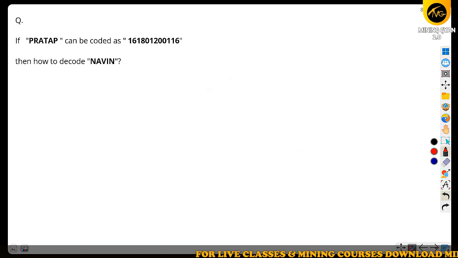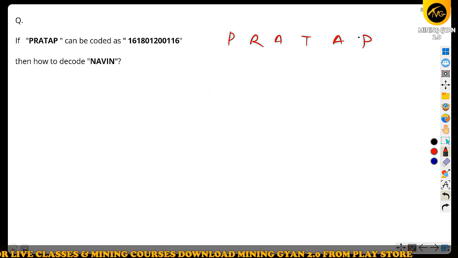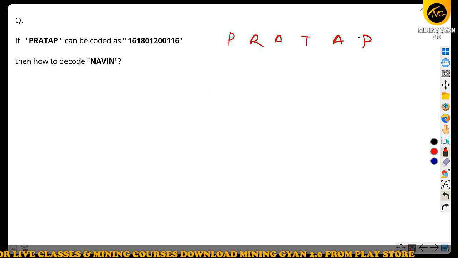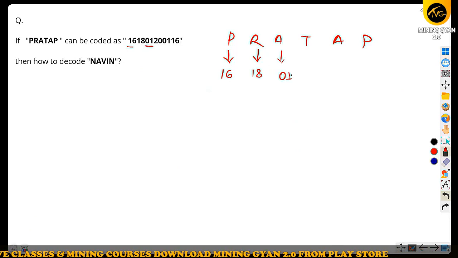Now the next question is, if PRATAP is coded as 16180120011601116, then how do we decode NAVIN? PRATAP: P is decoded as the base number 16, R has the base number 18, and A is 01. You use 01, not a single 1.